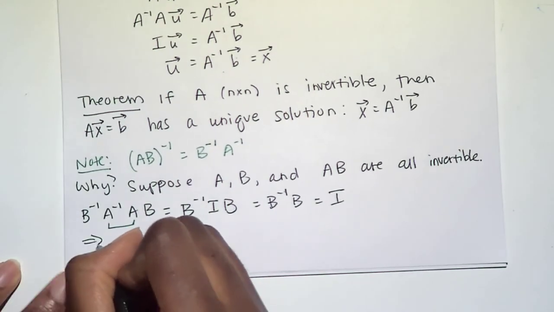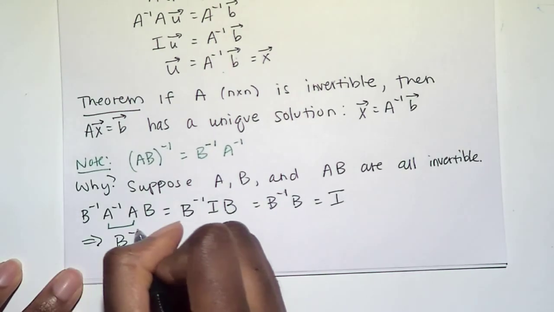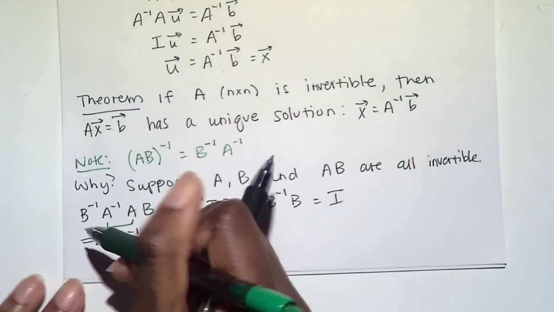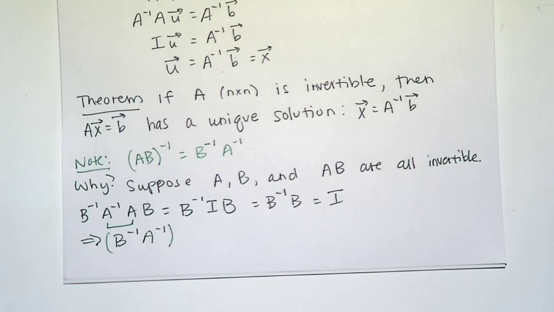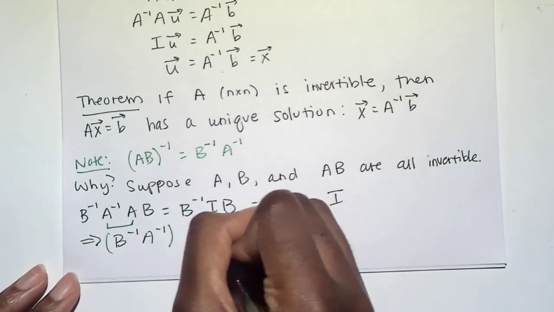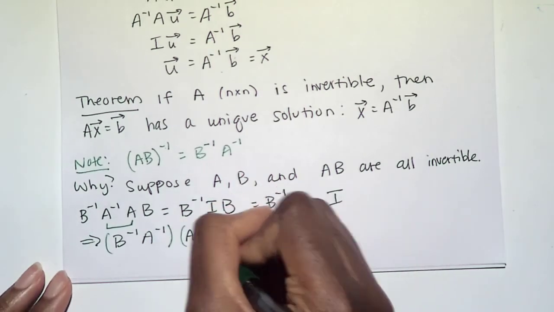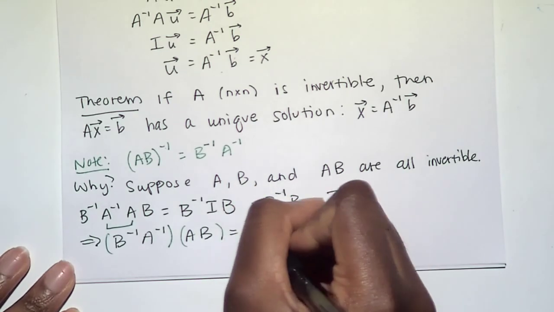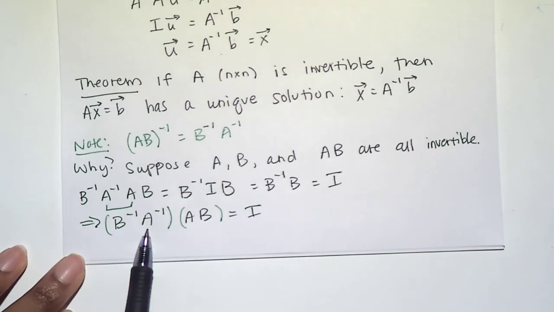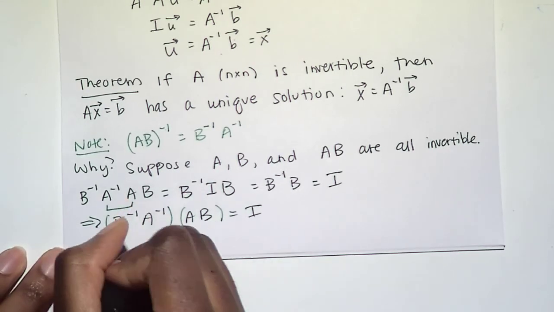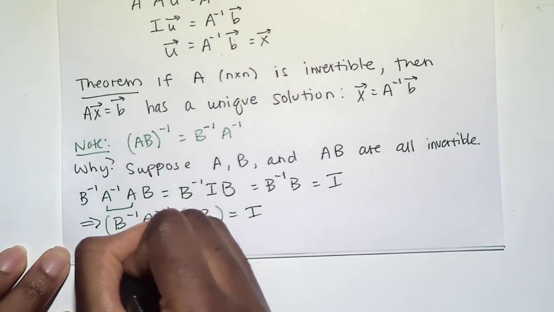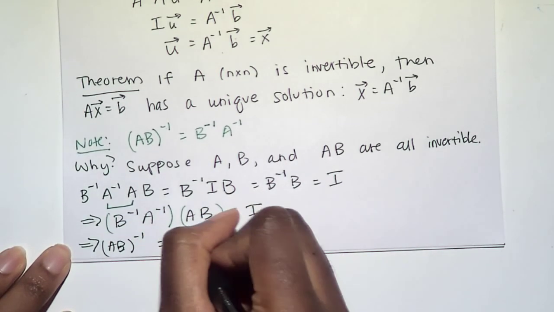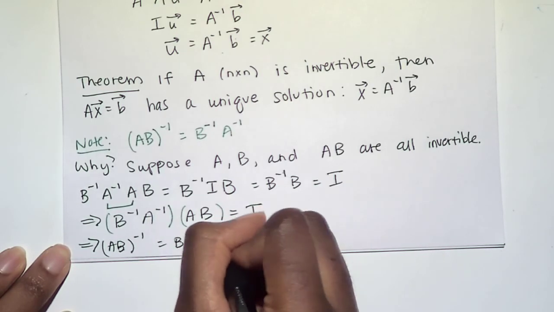We just multiplied B inverse A inverse times AB and got the identity out. That means these two components are inverses. So that means AB, the inverse of that, is B inverse A inverse.